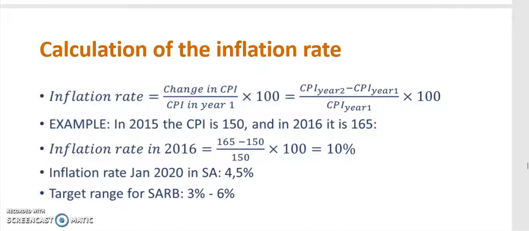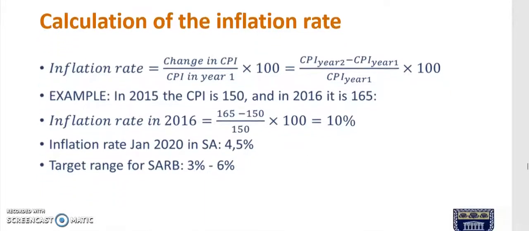So the inflation rate for 2016 was 165 minus 150 divided by 150 times 100, which is equivalent to 10%. The inflation rate in January 2020 in South Africa was 4.5%, and the target for the South African Reserve Bank is that it should be between 3% and 6%.